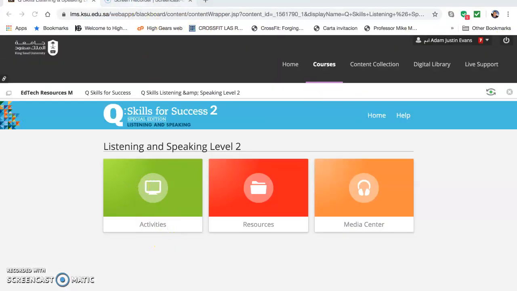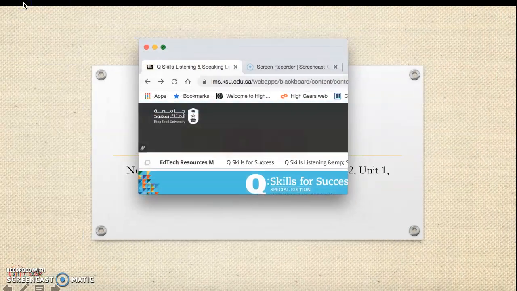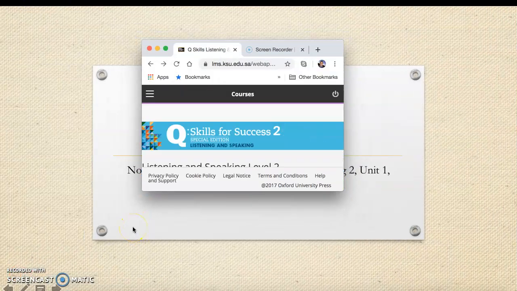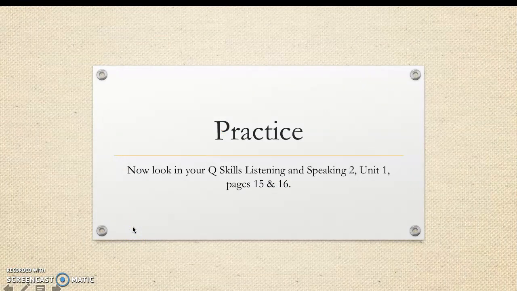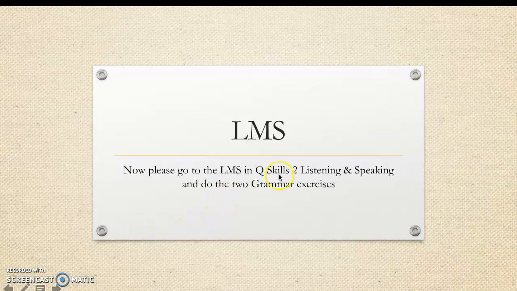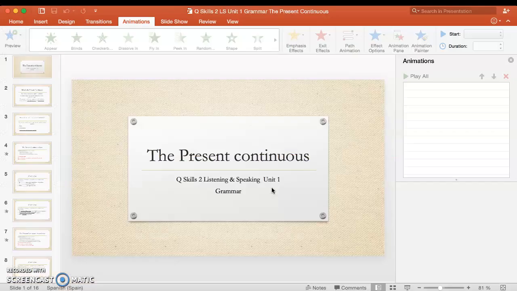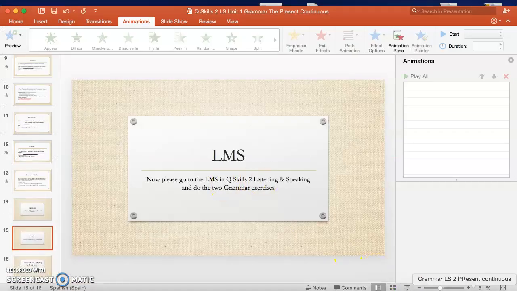Now, what I'd like you to do is to go to the LMS. And when you go to the LMS, I would like you to go to the Q Skills 2 Listening and Speaking and do the 2 grammar exercises. So let's take a look at these grammar exercises in the LMS.